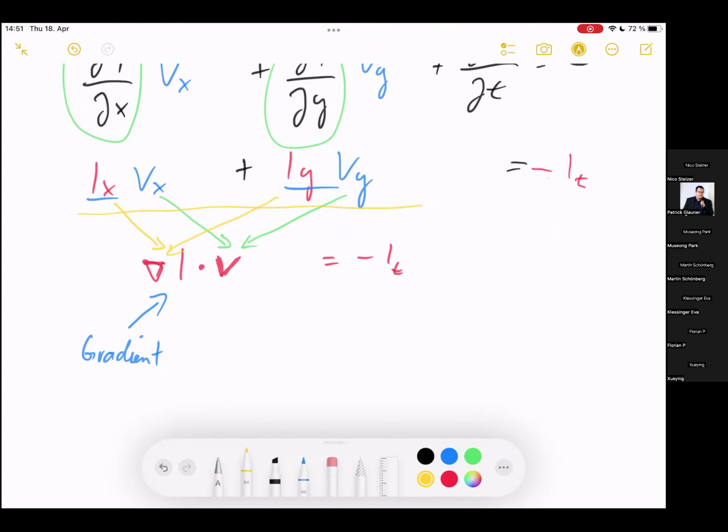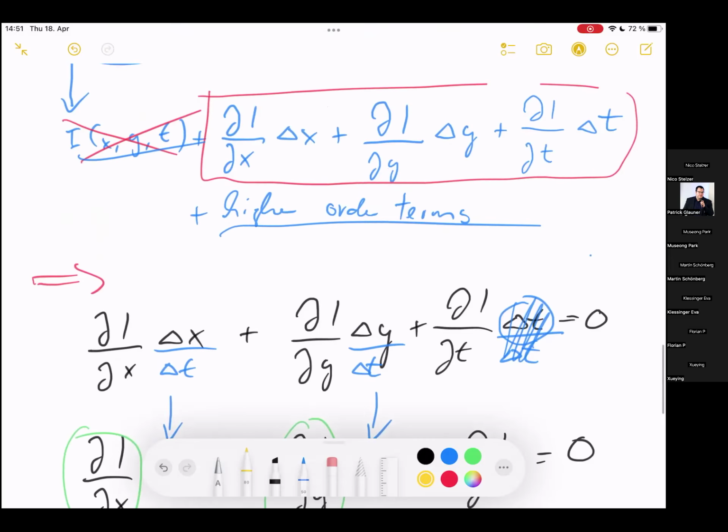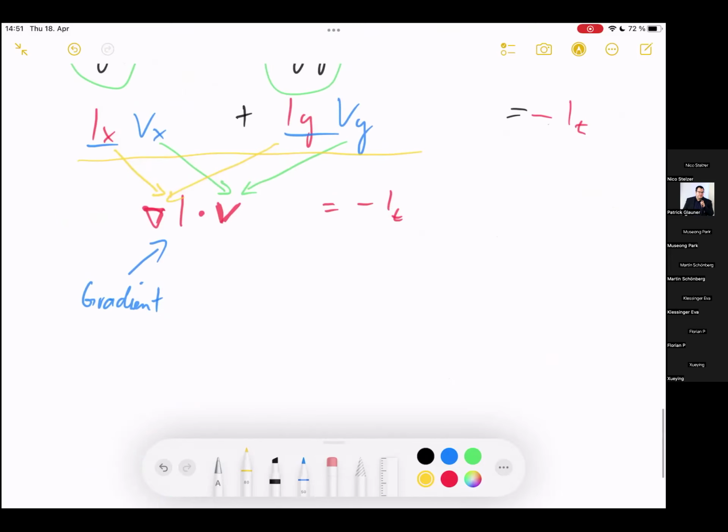So it's just a simplification. The problem in all of this is minus It. The problem is that this equation has two unknowns and it cannot be solved as such, because we only have one equation but these two unknowns. So it doesn't work.